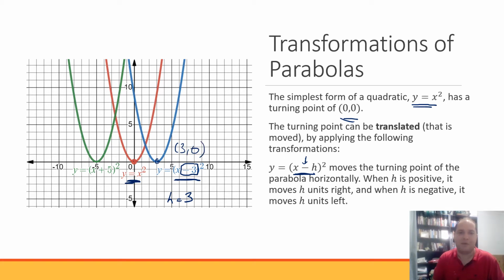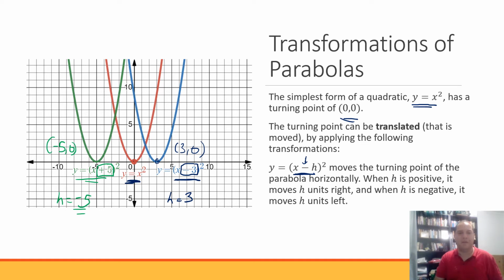And in the same way, our equation on this side is y equals (x plus 5) squared. Again, our h value isn't plus 5, it's the opposite. The negative of plus 5 will be negative 5. So our turning point has moved to negative 5, 0.